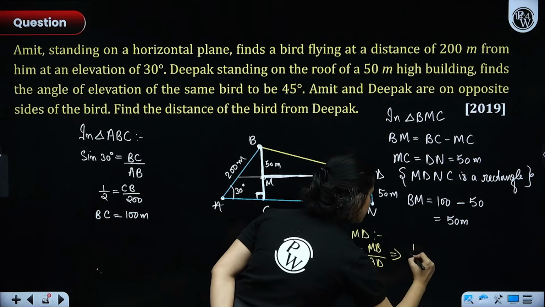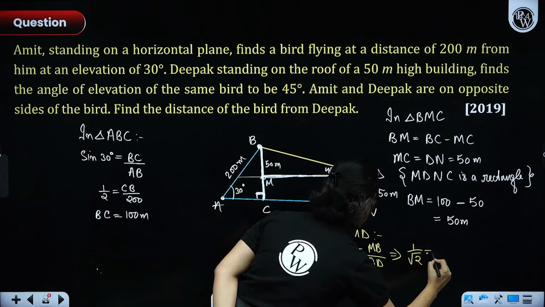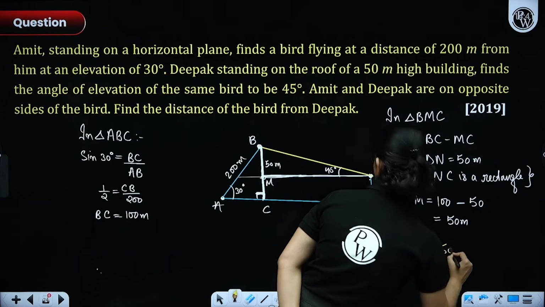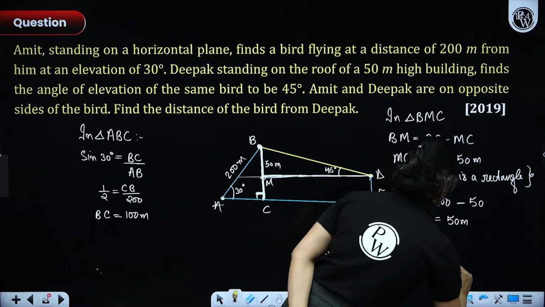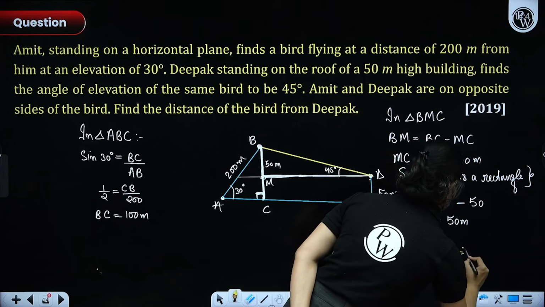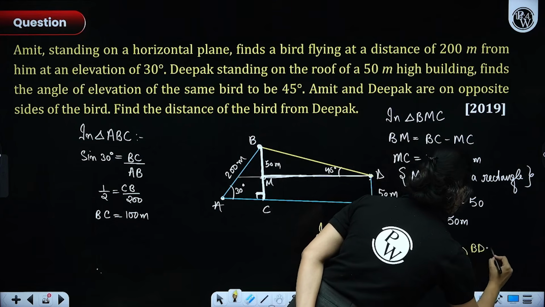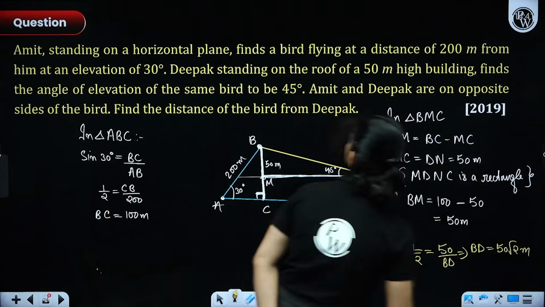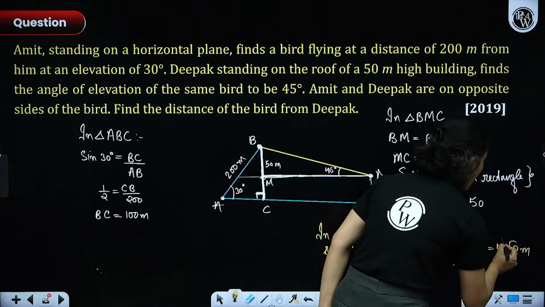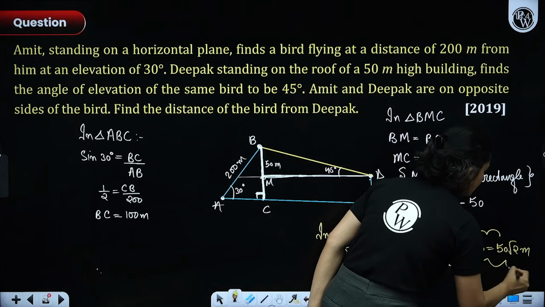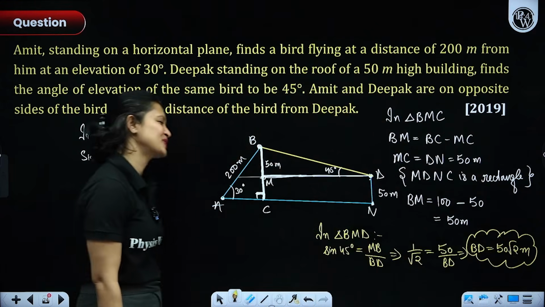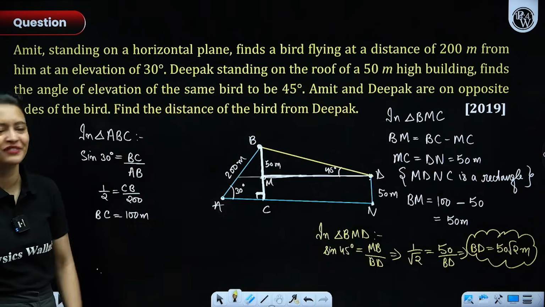Sine 45 degrees is 1 over root 2, equals to 50 divided by BD, which we have to figure out. So from here we figure out BD to be 50 root 2 meters. Since they have not asked you to plug in the value of root 2, you can leave your answer as it is. This is what they asked you, 50 root 2.